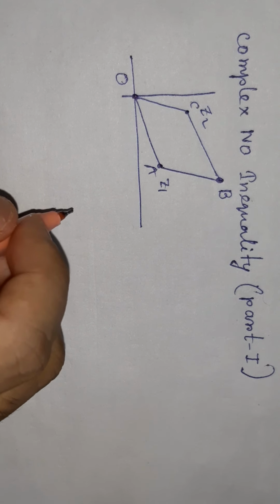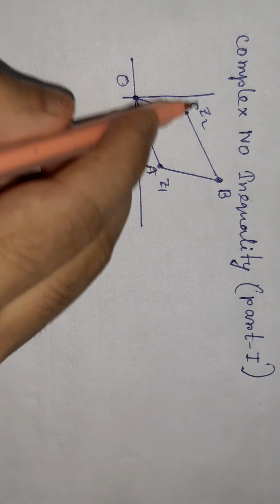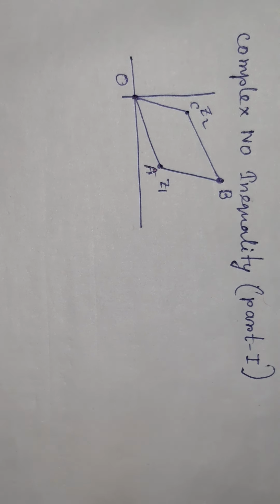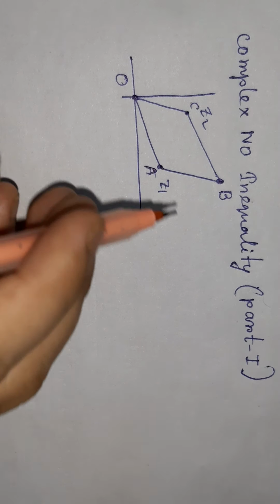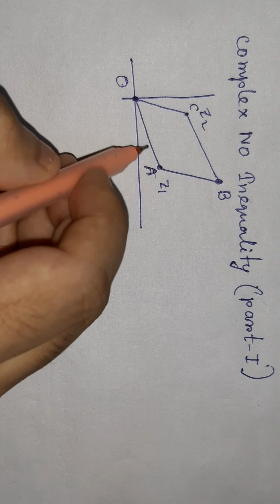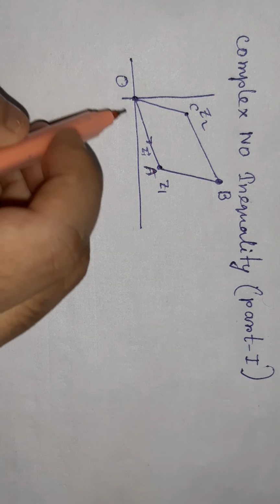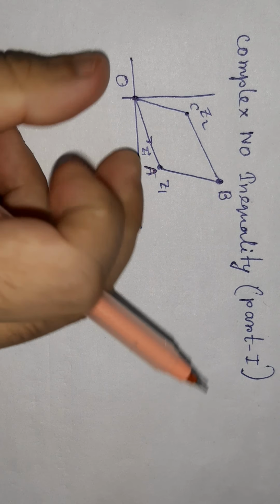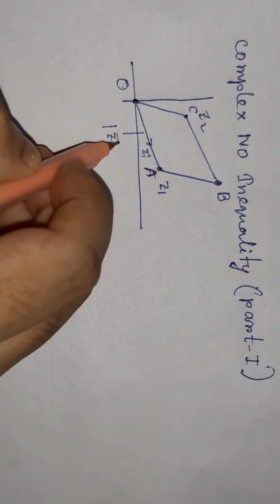Of which the coordinates of A and C we know, that is Z1 and Z2. OZ1, that is OA, is nothing but a position vector in the complex plane, and we can write this as Z1 vector. The length of this vector is the modulus of Z1.